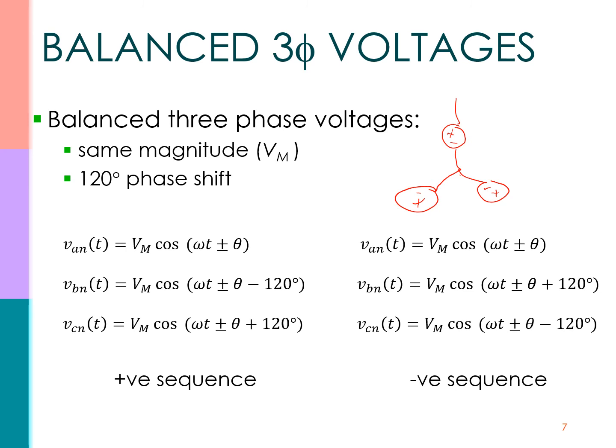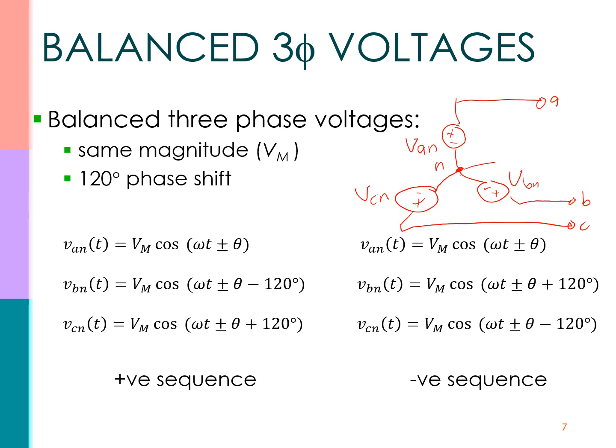The first voltage we call VAN, connected to line A. The second one we call VBN, connected to line B. And the third one is VCN, connected to line C. This point is the neutral line.